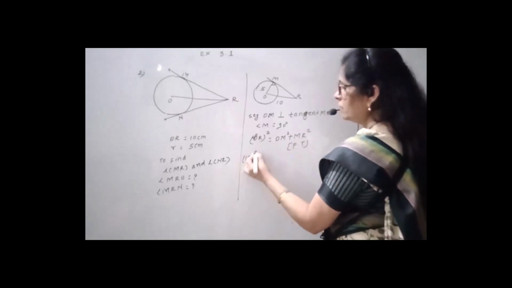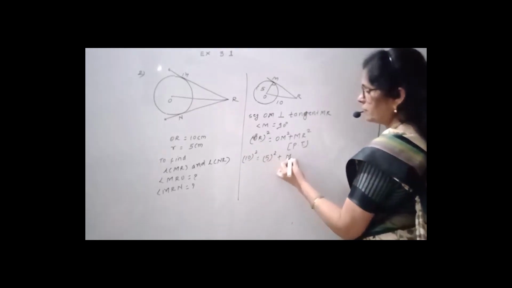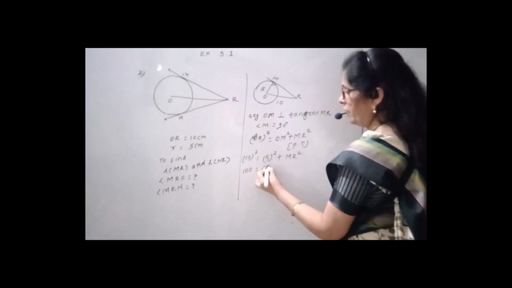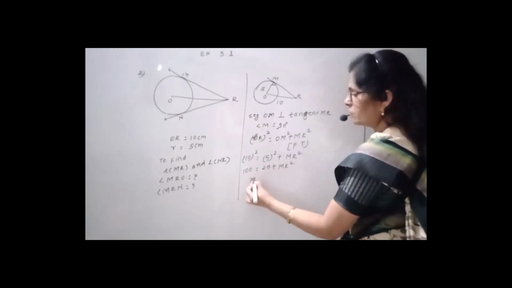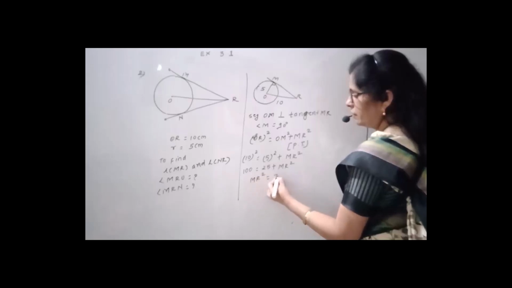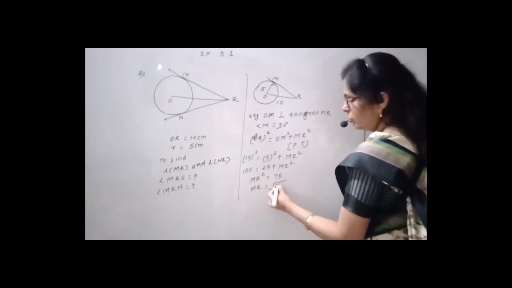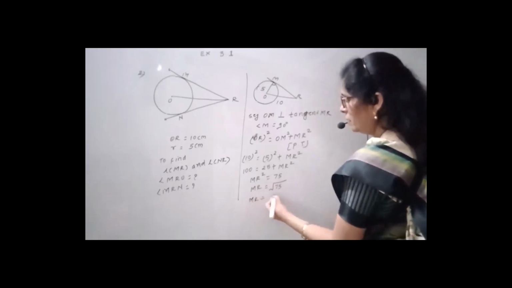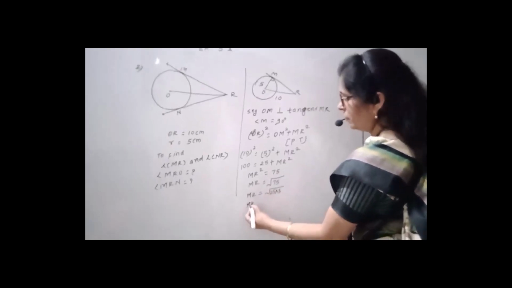10 square is equal to 5 square plus MR square. So 100 is equal to 25 plus MR square. And therefore MR square is equal to 75. By taking the square root, MR is equal to root 75. And this root 75 is root of 25 into 3. 25 is a perfect square, its square root is 5.